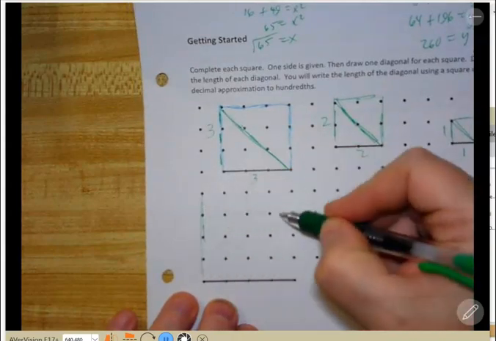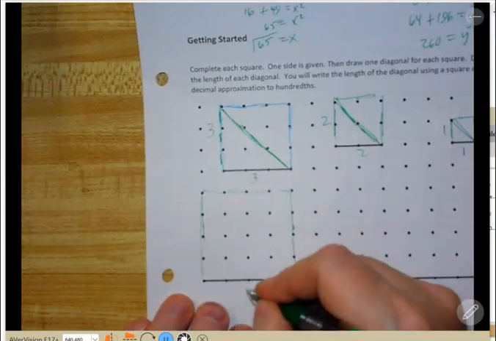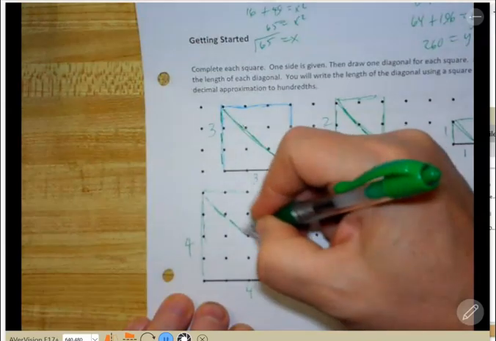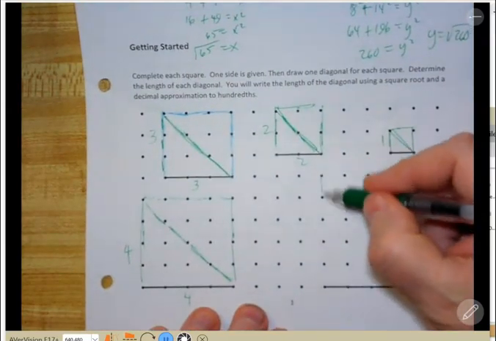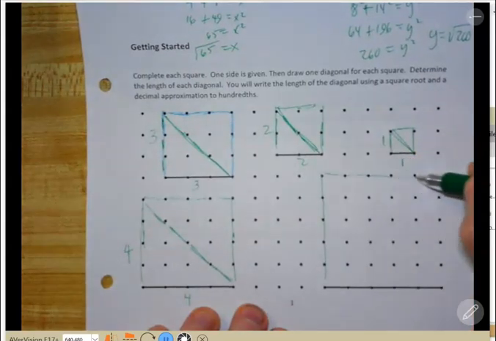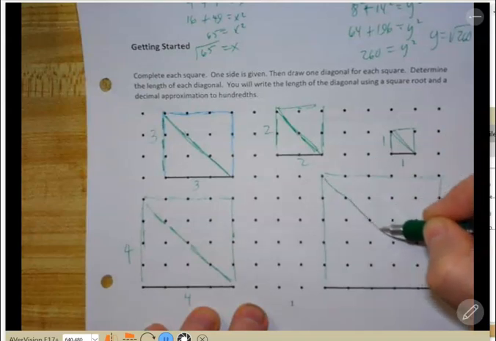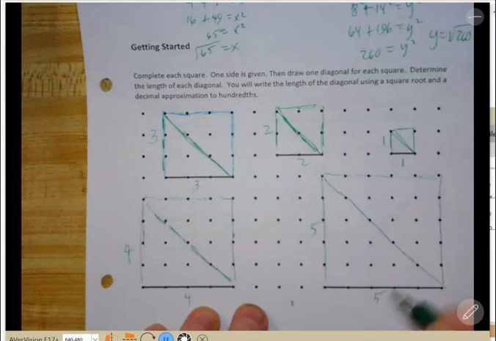And this would be a 4 by 4 square. And there's the diagonal, and then here we have a 5 by 5 square. And this is the diagonal.